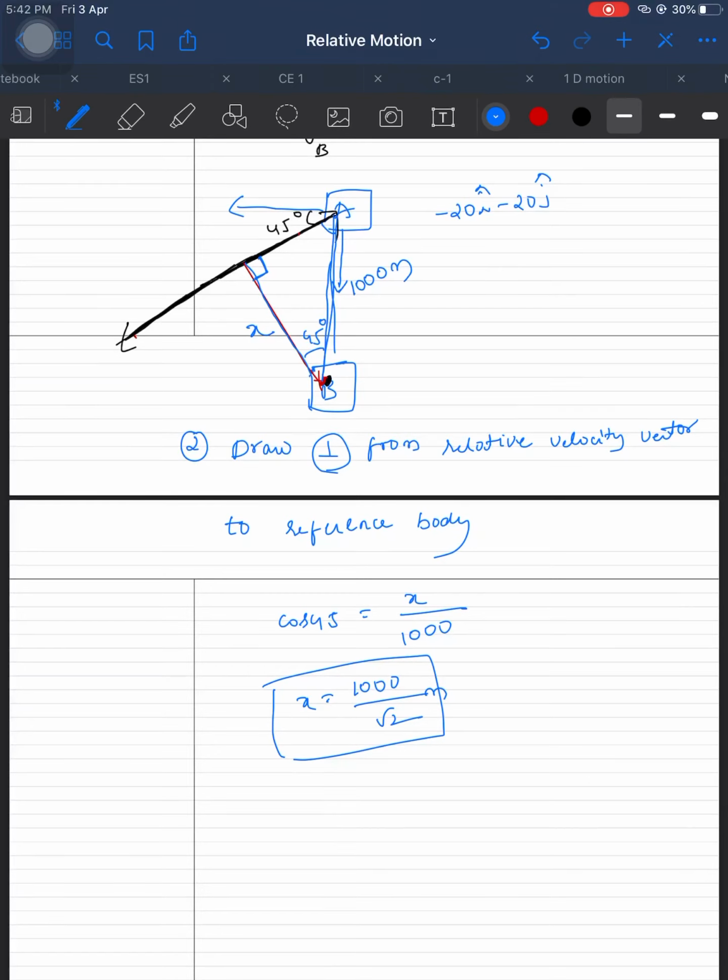Okay, how much time does it take to reach this distance? Now tell me how much time.